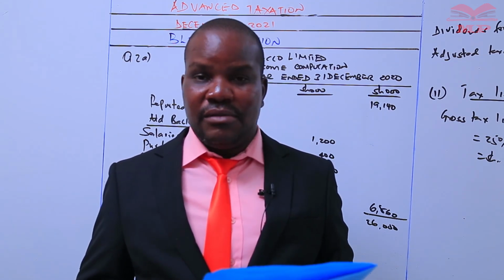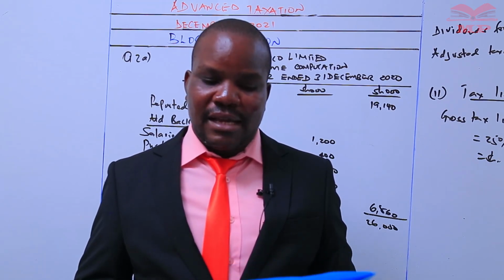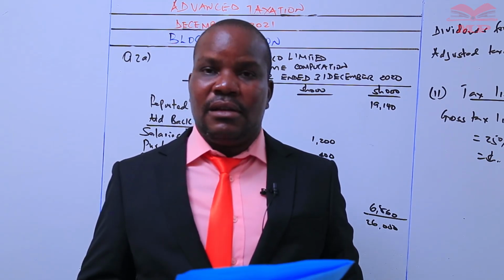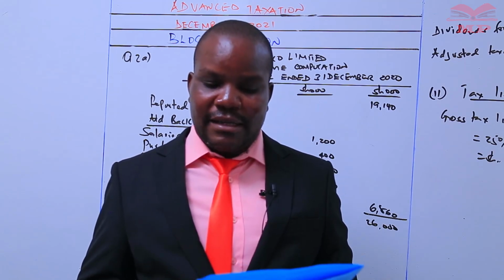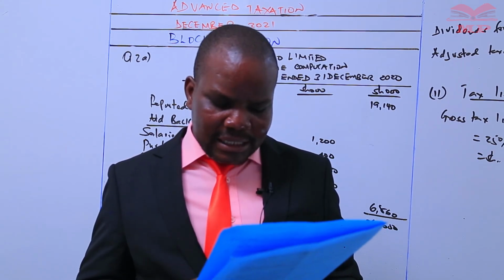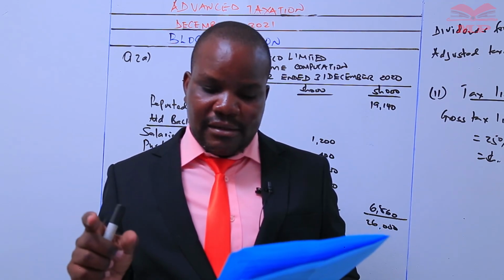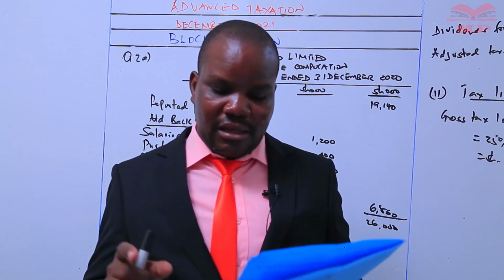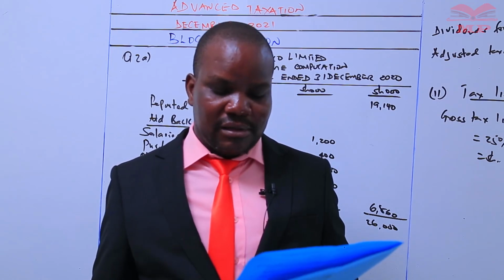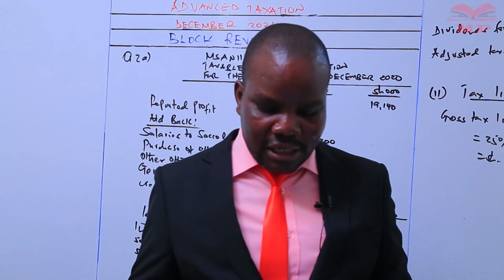So what we do is simple in this case. We shall work out the taxable income under general insurance business. Then we also work out the taxable income under life assurance business. Then to get the tax liability, we multiply the computation tax rate by the sum of the two taxable incomes. Good. So let's start with general insurance.